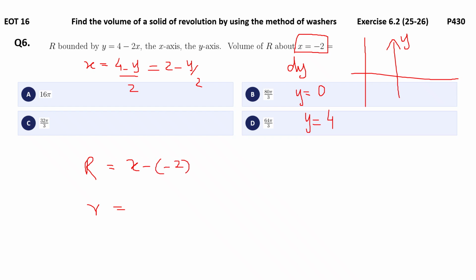And your inner radius is 0 minus minus 2, which is positive 2. And here what is the x value? 2 minus y over 2. Minus of minus 2 became positive 2. So your expression is 4 minus y by 2.